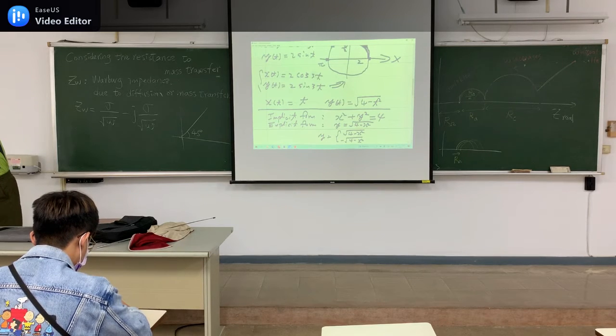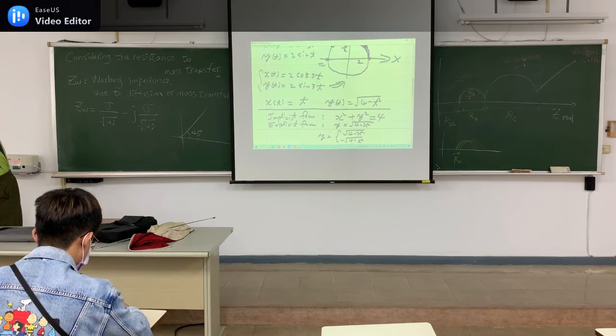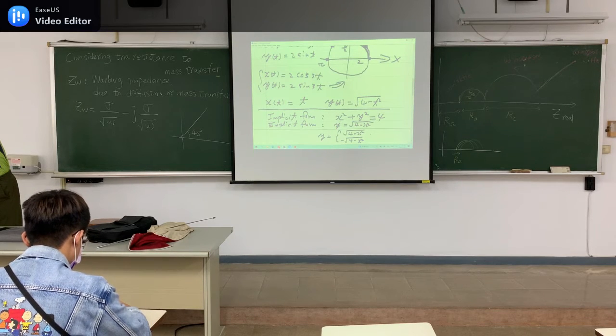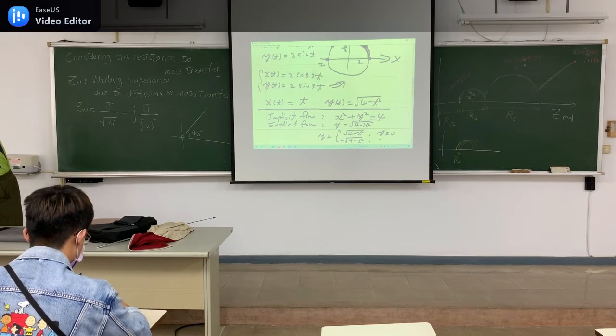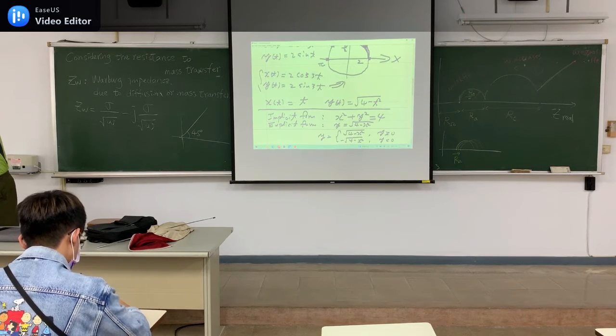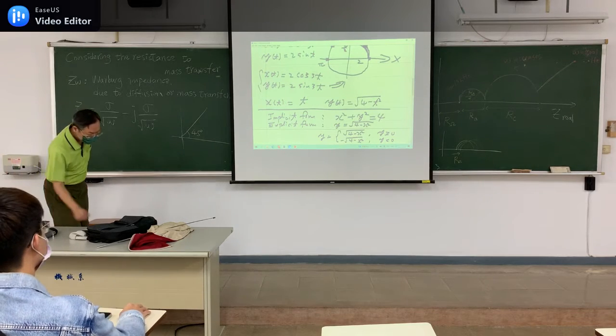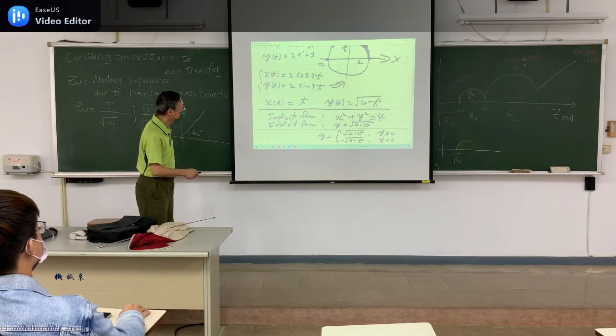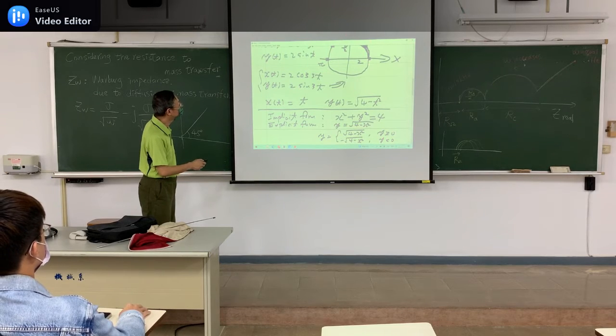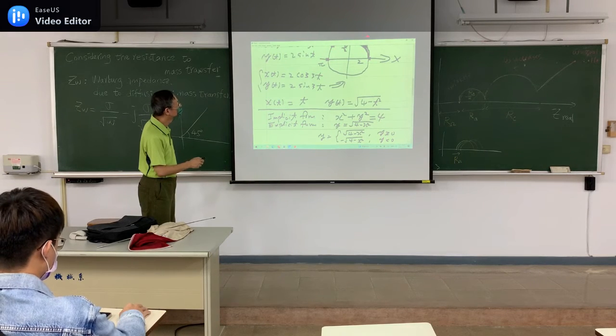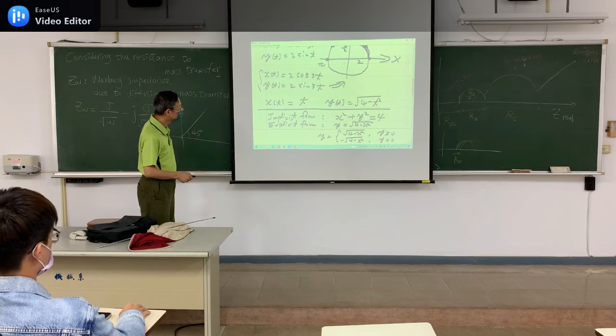In two different ranges, this is equal to y, and this is equal to y. This part is called the right part. This part is called the lower part.